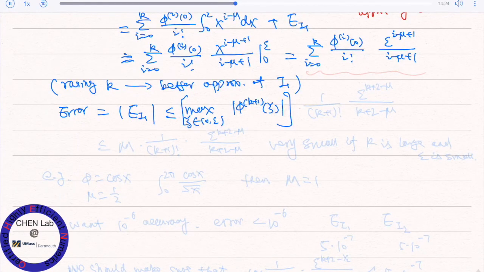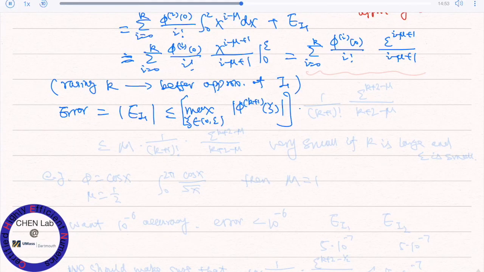Times x to the k plus 1 minus mu. We're integrating this. The absolute value of this integral is less than the integral where I take the largest possible value of the derivative and put it out front.